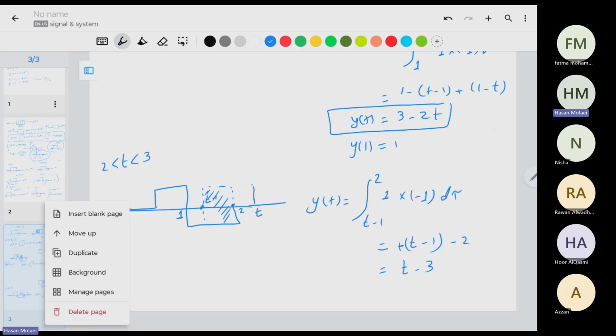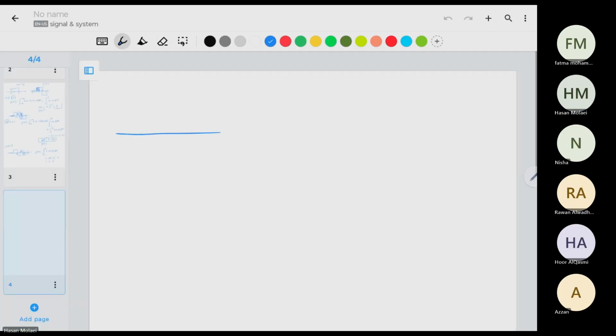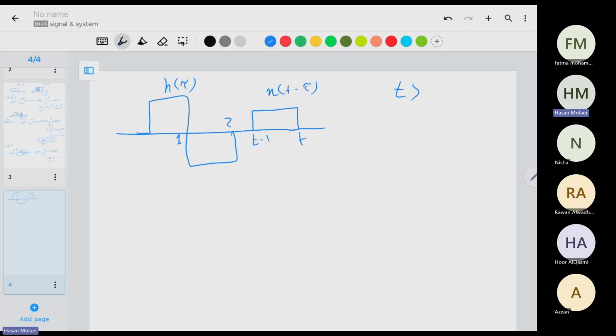And the last region, when t is bigger than 3. We don't have any overlap, so y(t) is 0.